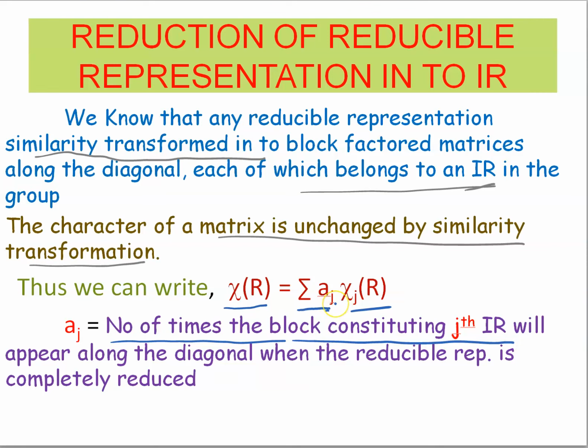That is simply a_j. Understood? And chi_j R is the jth irreducible representation. Summing over all the IRs, we get chi of the reducible representation because the character of a matrix is unchanged by similarity transformation.